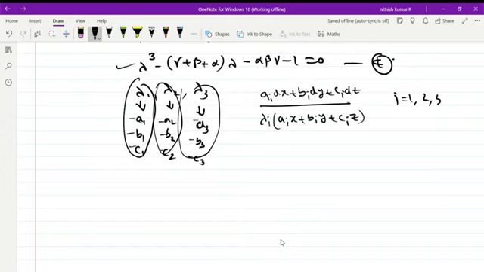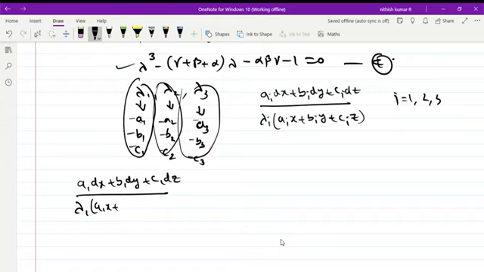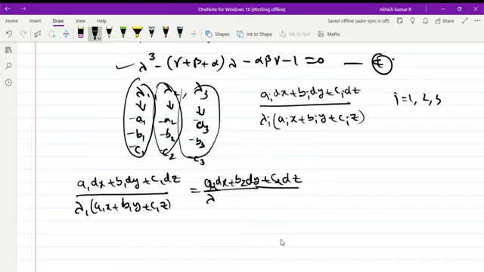Now here I have three sets of ratios, and they are equal. So I will consider two of them, that is a1 dx plus b1 dy plus c1 dz divided by lambda 1 into a1x plus b1y plus c1z, which is equal to a2 dx plus b2 dy plus c2 dz divided by lambda 2 into a2x plus b2y plus c2z.